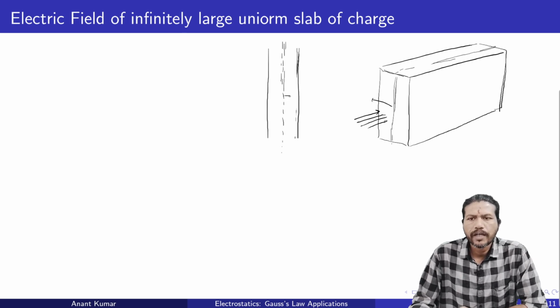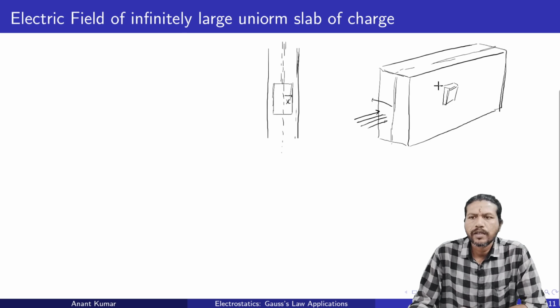First of all, when I'm inside, say I just take a distance x, I'm looking at the electric field at this point. Then I take a Gaussian surface as we have taken in the last case, a box which straddles it. I'm showing the side view in this case.